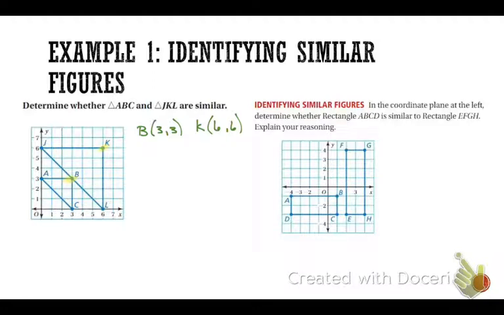But I can't stop there, because what if just one of my other points was a little off? Just because one pair of angles is corresponding and it has the scale factor doesn't mean they all do. So I have to test them all. A and J. So what's the ordered pair for A? 0, 3.